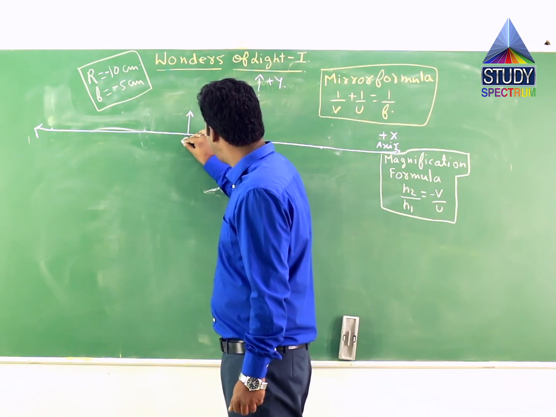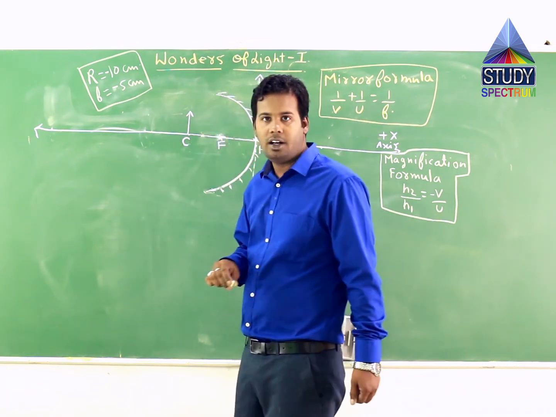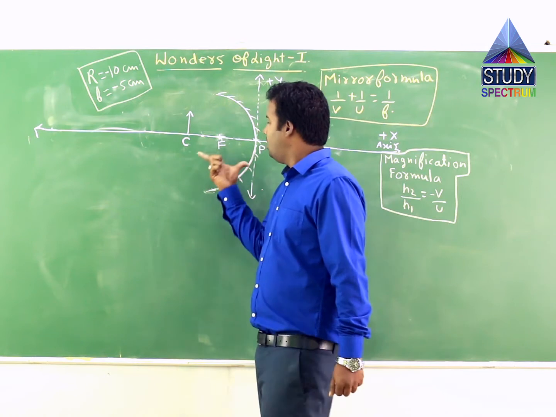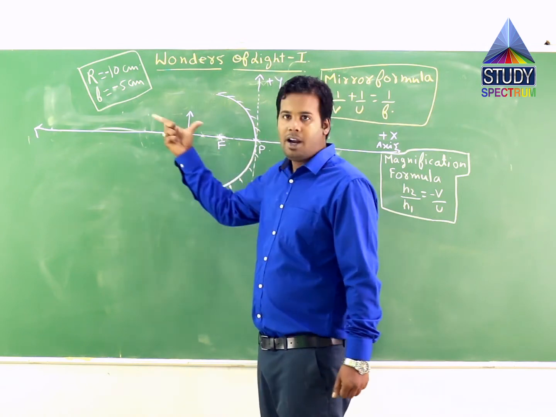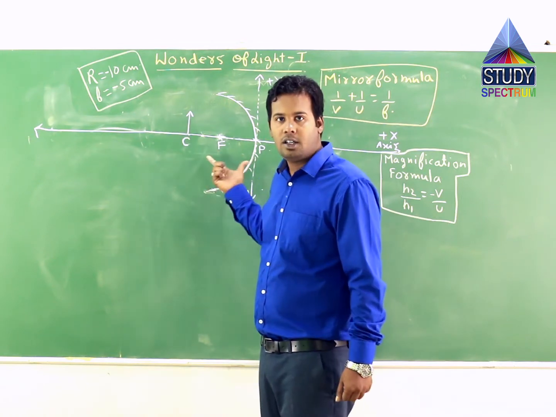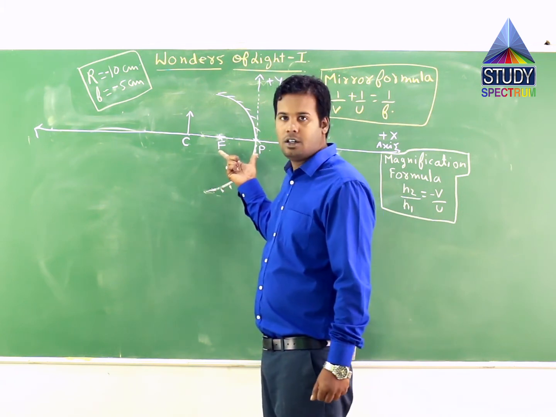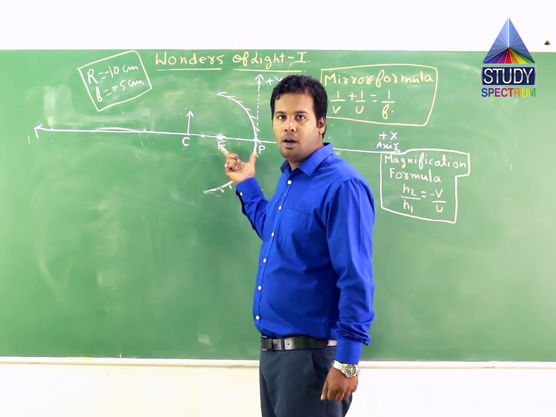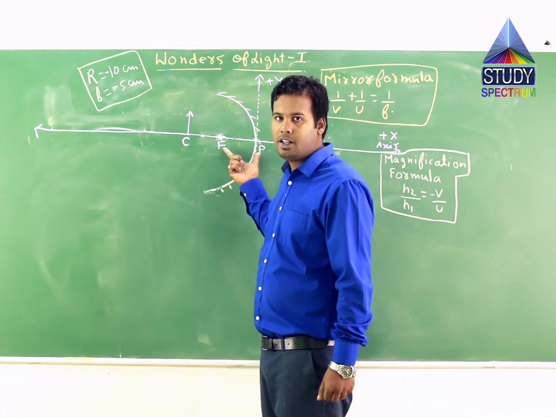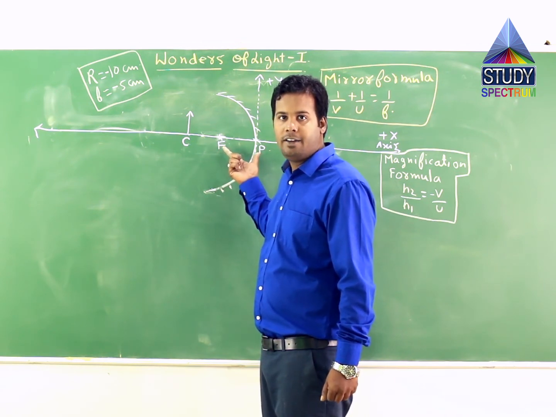Suppose this is the object at the center of curvature. Correct? Now since the radius value is minus 10 centimeter, why minus? Because it is lying on the negative x-axis, and because of which the focal length is 5 centimeter but minus 5 centimeter. Why minus? Because it is also lying on the negative x-axis.